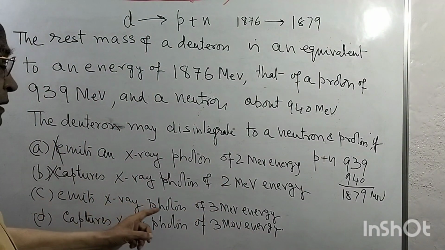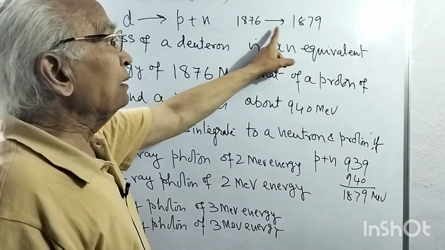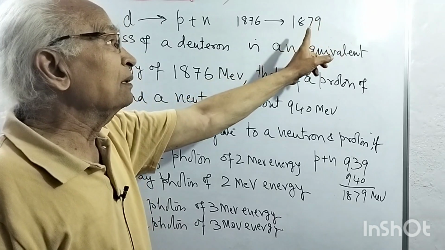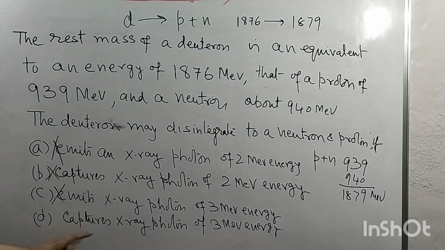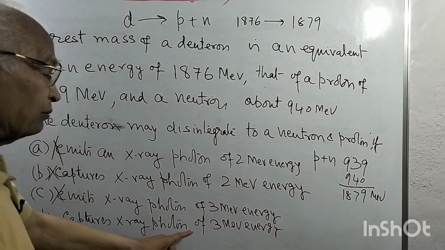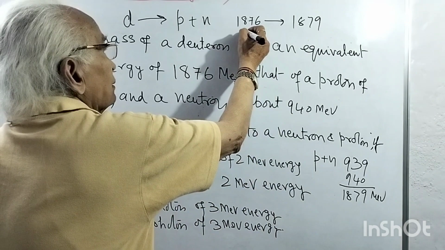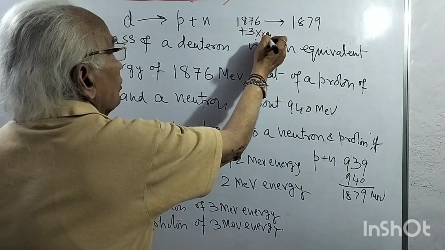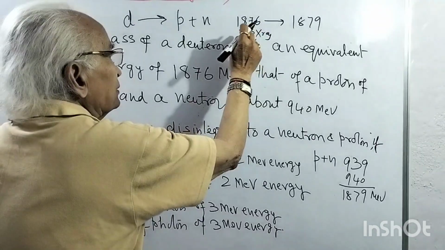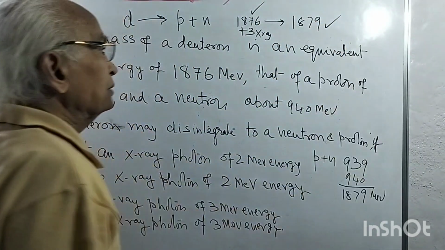If it emits an X-ray of 3 MeV, here it will be 1873, which is not correct. Now, captures an X-ray photon of 3 MeV energy. Well, if this captures a 3 MeV X-ray, this will be 1876 plus 3, 1879. So energy will be conserved on both sides.